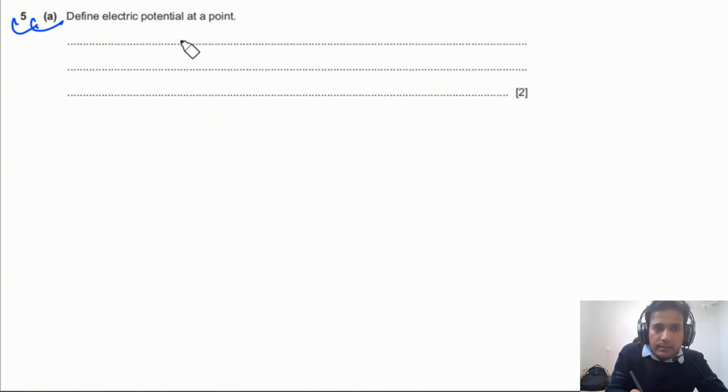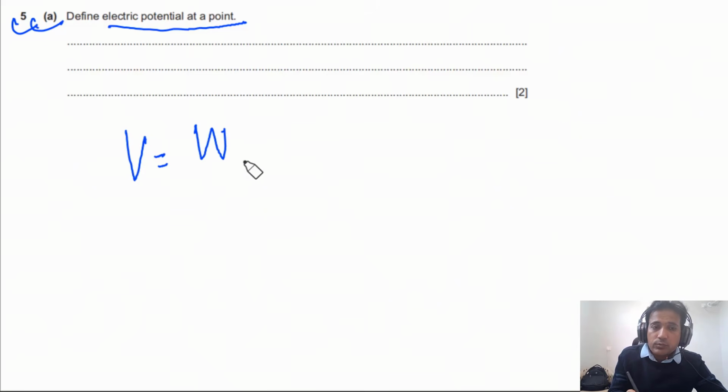Question 5, part A says define electric potential at a point. An electric potential at a point is defined as the amount of work done to bring a unit positive charge from infinity to a certain point. Work done per unit charge.